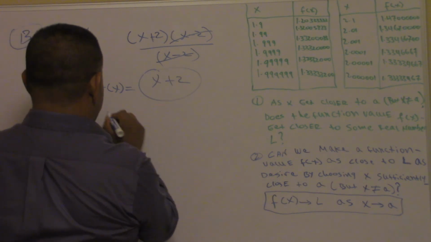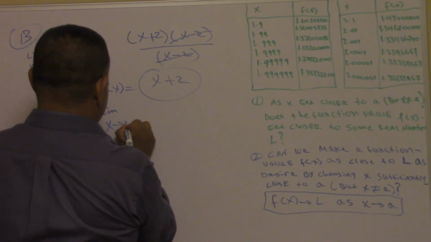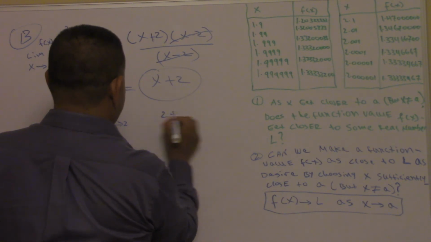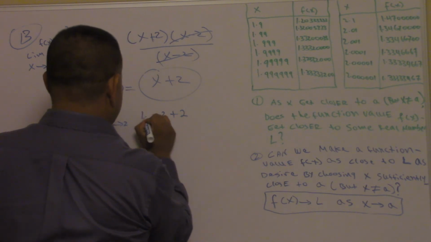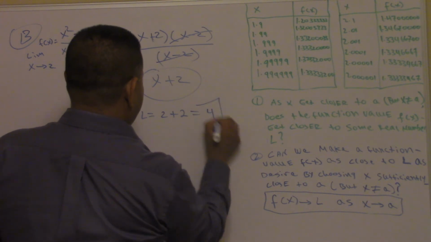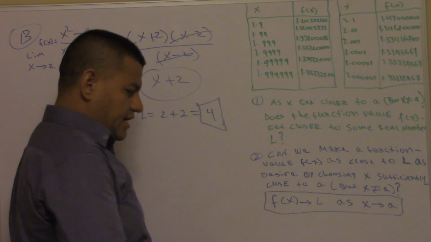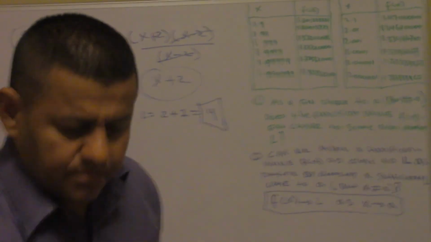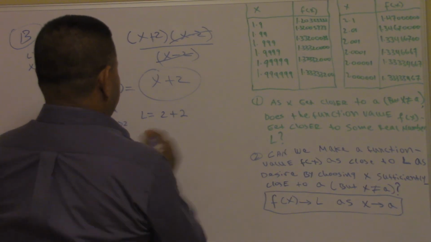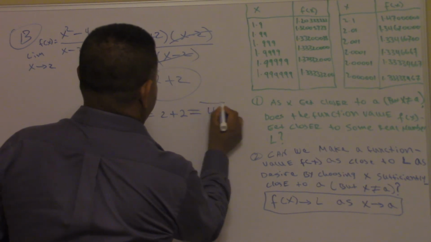So the limit as x approaches 2 is 2 plus 2. The limit is equal to 4.